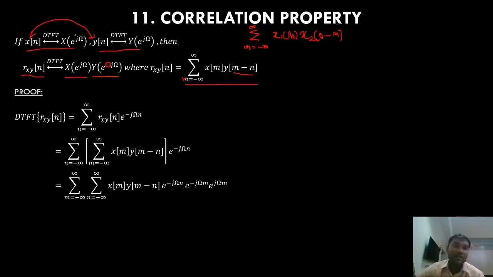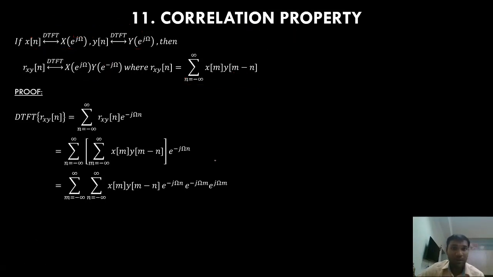It is just the multiplication of these two terms, x of e power j omega and y of e power minus j omega. Now in correlation, there is a change in sign here, right? Here it was n minus m, now it is m minus n. Since there's a change in sign for the second signal, in place of omega I have minus omega. So that is what we will prove finally.